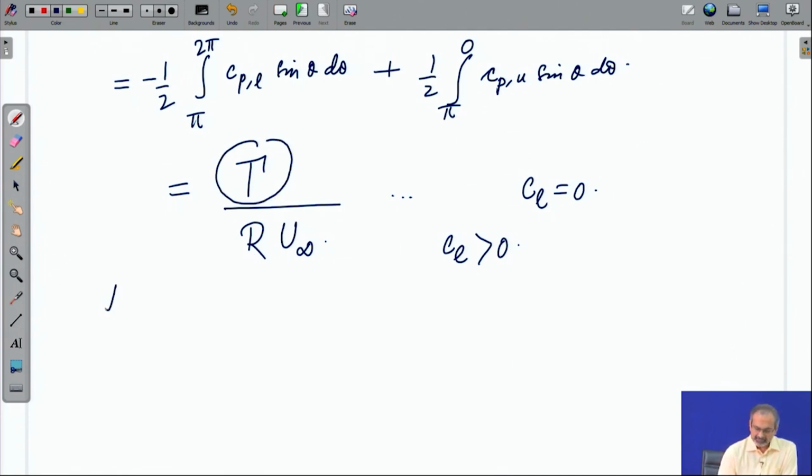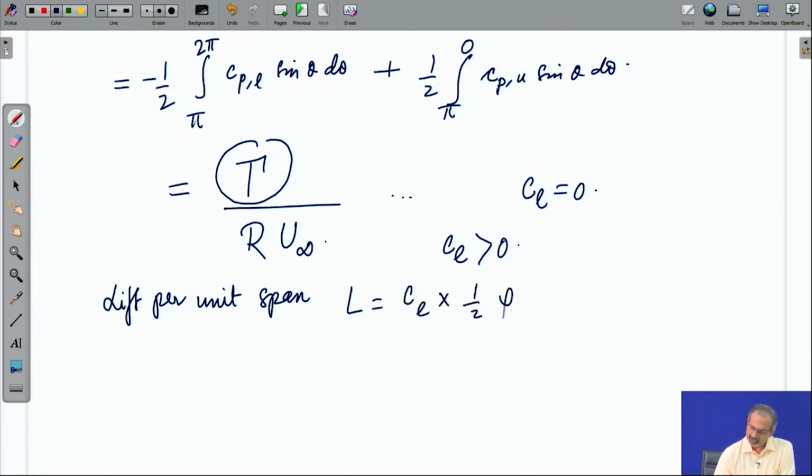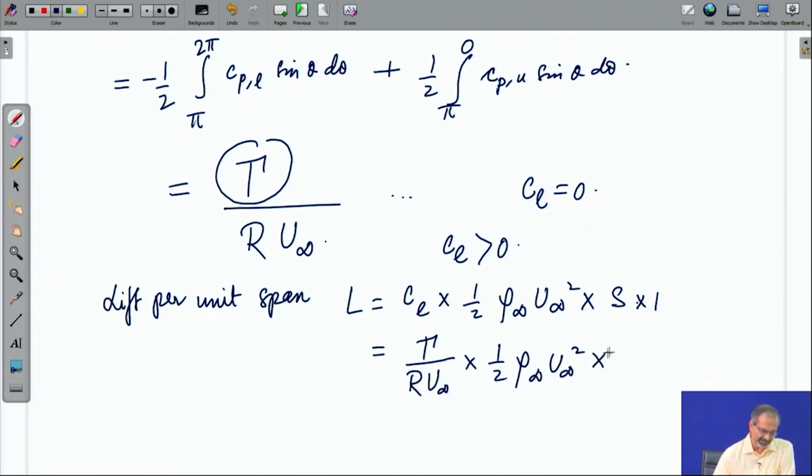And then if you were to work out the lift per unit span, then that turns out to be the Cl into half rho infinity u infinity square into S into 1, which is gamma by r u infinity into the dynamic pressure. What is S? S is projected area.